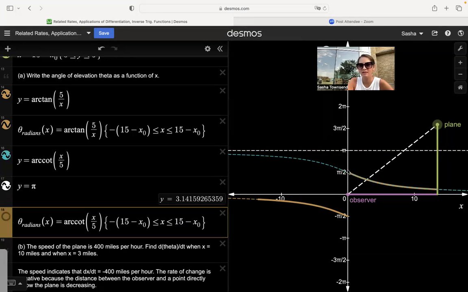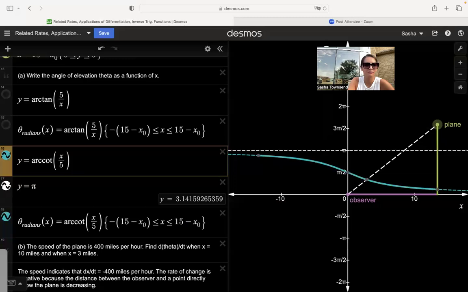But with the arccotangent, rather than having a branch down here where our y values are between negative pi over 2 and 0, the rest of the branch is up here where the y values are between pi over 2 and pi. That makes sense. Okay, so let's do everything in terms of arccotangent instead.